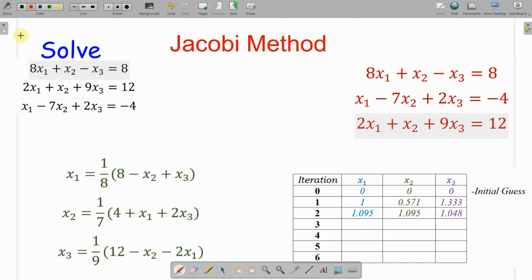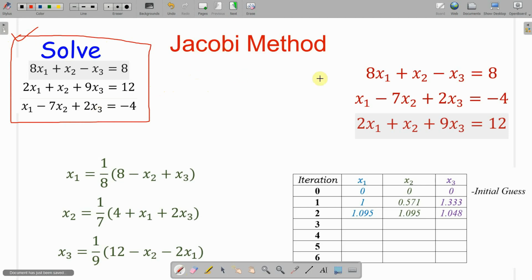So I have given you this example before, and I asked you to solve this one. To solve this one, what I told you is that you have to arrange or rearrange these equations in such a way that they satisfy the diagonally dominant condition.